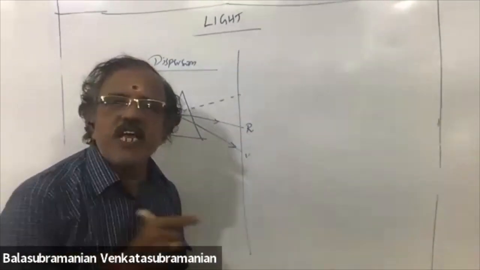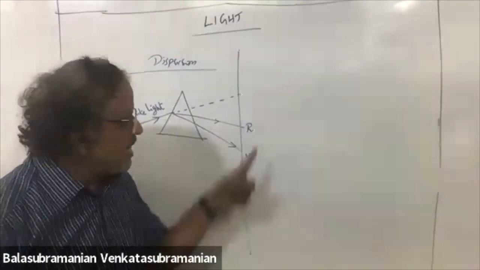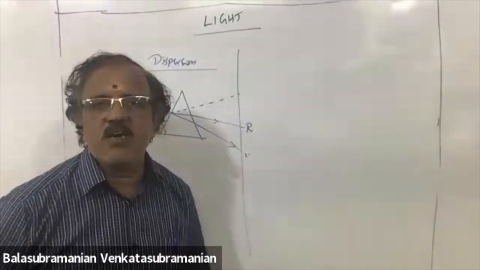Violet is the most deviated ray. Red is the least deviated ray.